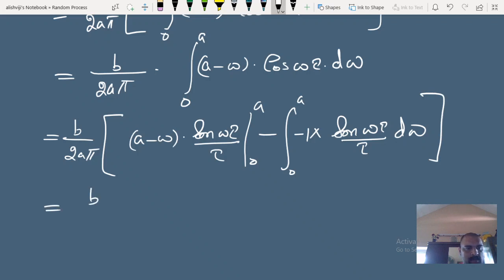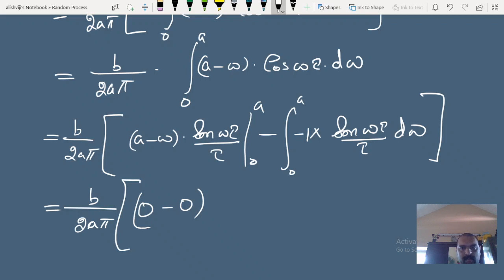This is equal to b by 2a pi into: when we substitute the upper limit, a minus a becomes 0, and at the lower limit sine 0 is 0, so that term becomes 0. If we take the minus outside, minus of minus becomes plus, and what remains is the integral from 0 to a of sine omega tau divided by tau d omega.